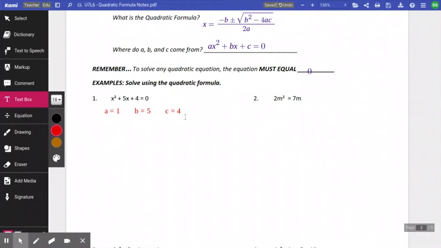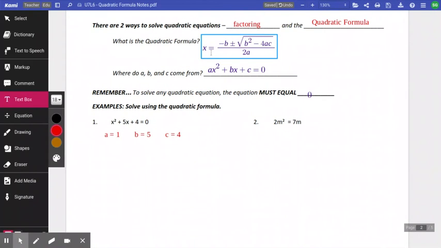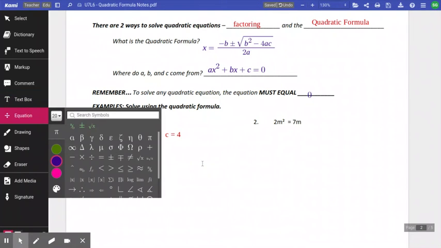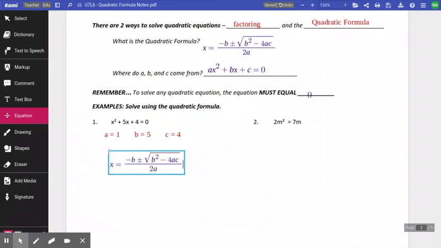Once you've got your A, B, and your C, your next step is going to be substituting it into the quadratic formula. For some students, it helps just by copying it down on your paper just to make sure you've got everything in the right spot. So I'm going to do that, and then I'm going to switch out A, B, and C with these numbers we found. So starting off with B, B is the number 5. So I'm going to take out my B, make it a number 5.